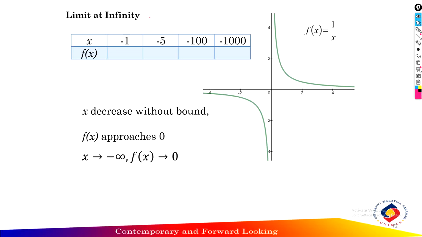Okay, in the second table, the value of x starts at -1, -5, -100, and -1000, for the function f(x) equals 1 over x.